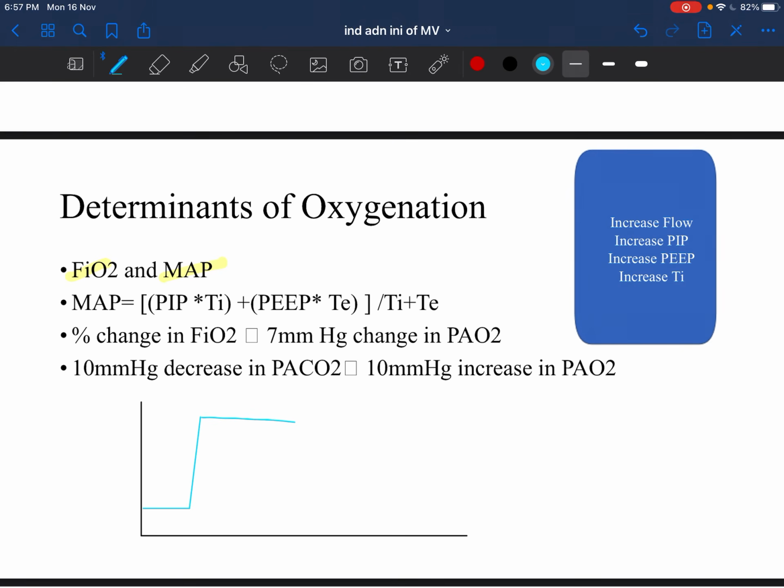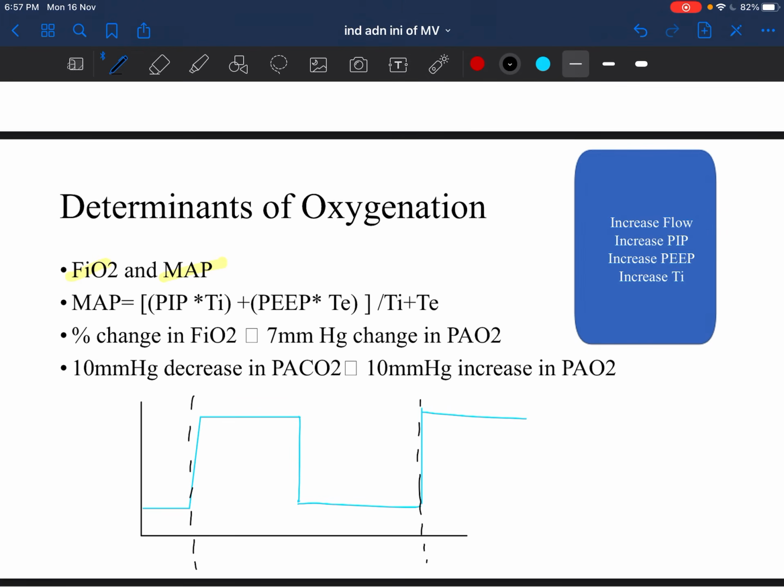So this, for example, is your pressure waveform, pressure time scalar. What is your mean airway pressure? Mean airway pressure is the area under this curve. From here till here, whatever area is there, all of it will come under your mean airway pressure.